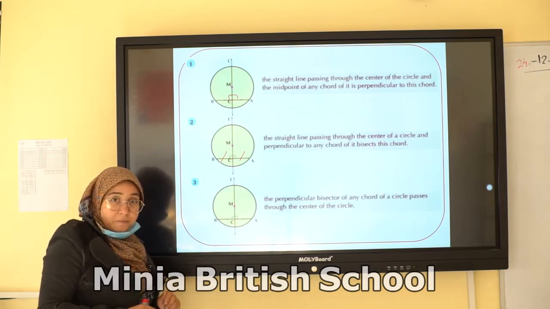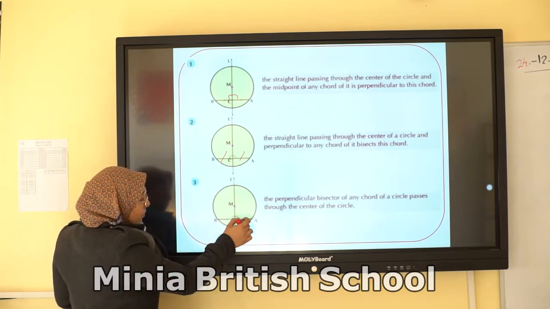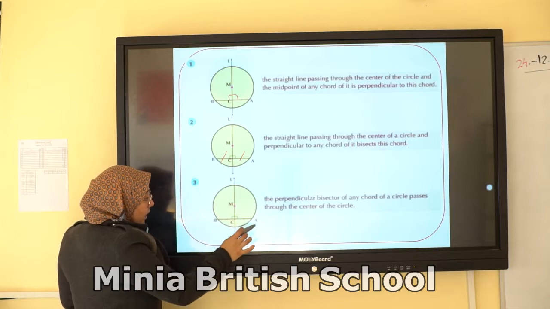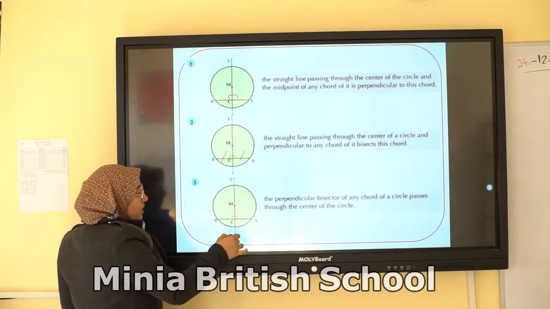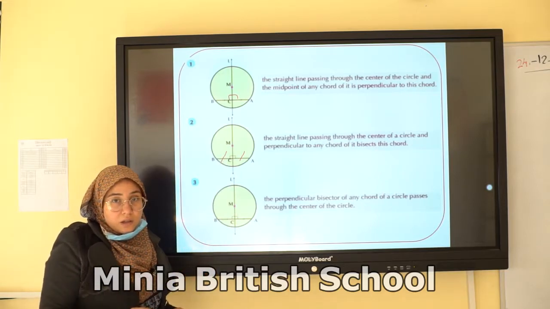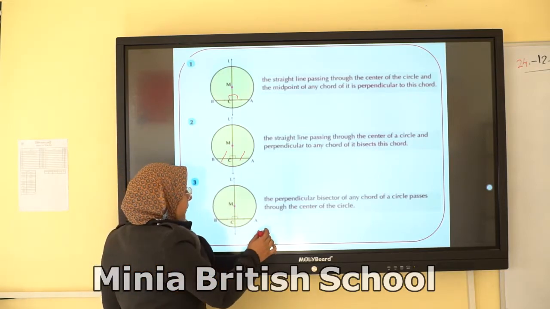Like here, MC is perpendicular to AB and also bisects AB. Therefore, this straight line L passes through the center of circle M.